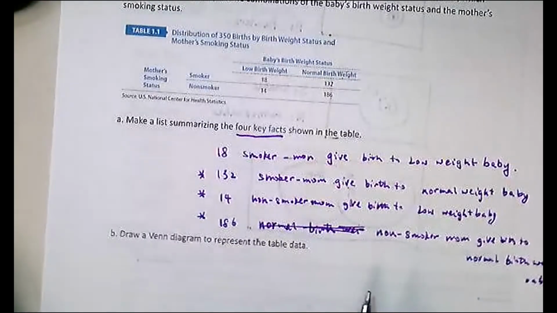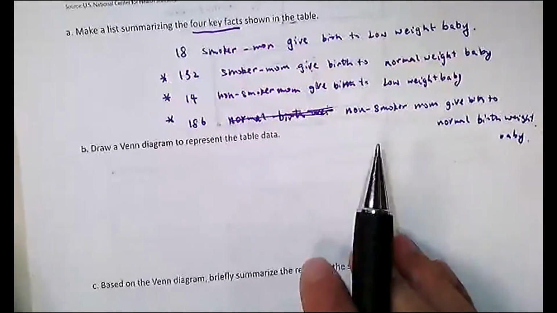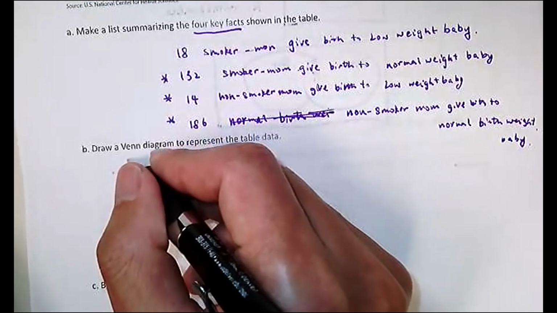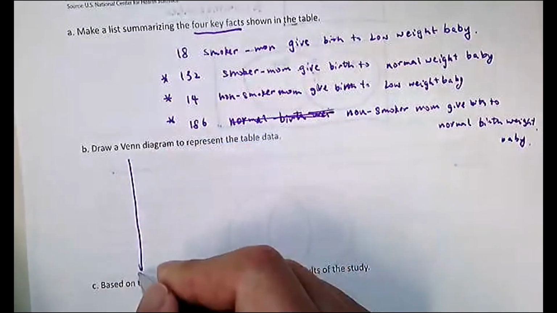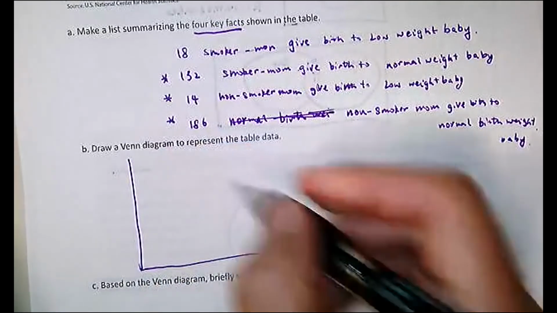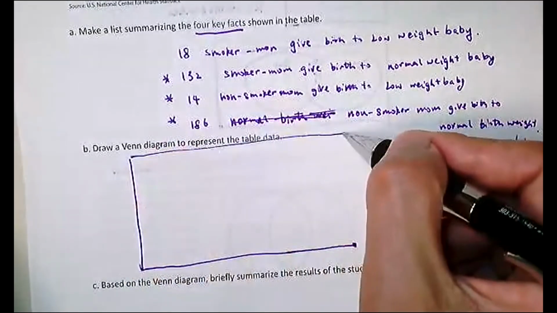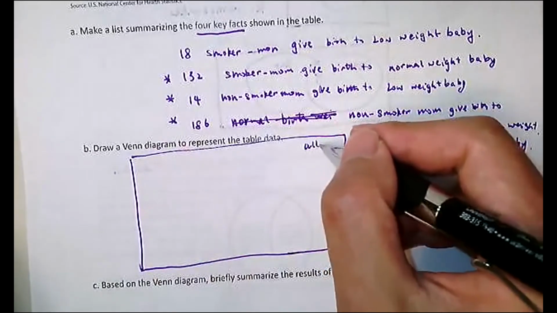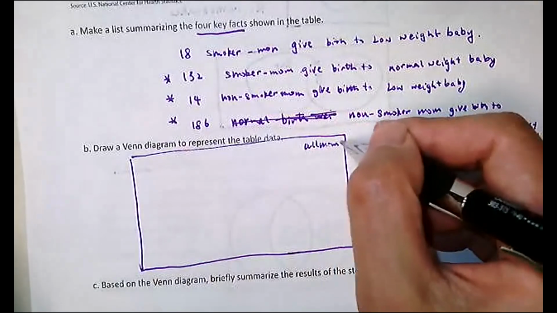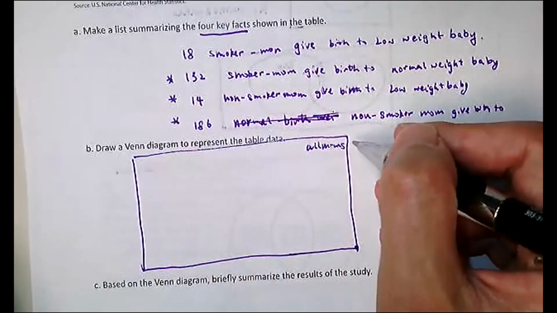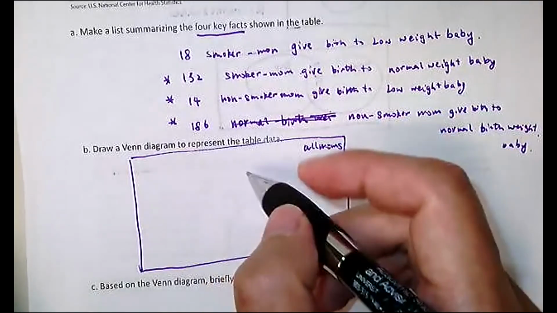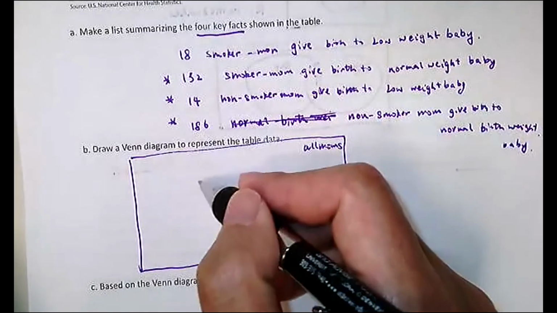Here comes the funny part. How do you draw a Venn diagram? First we draw a big rectangle to represent all moms. This is all moms. Only a subset of all moms are smokers.